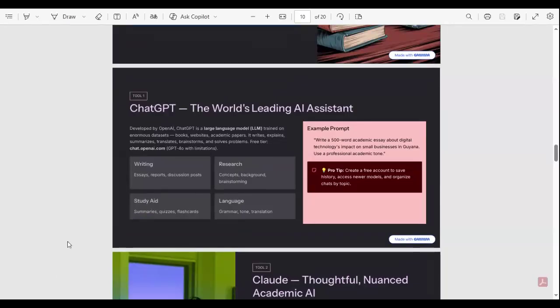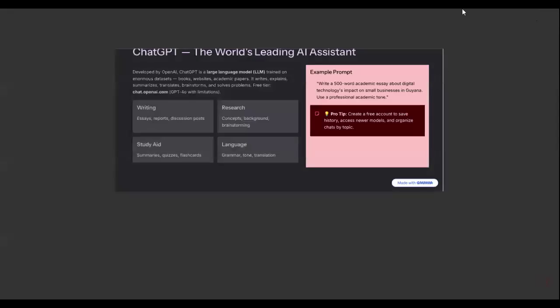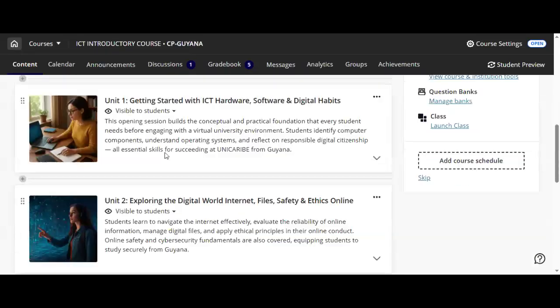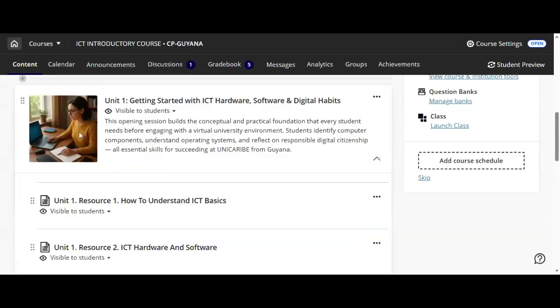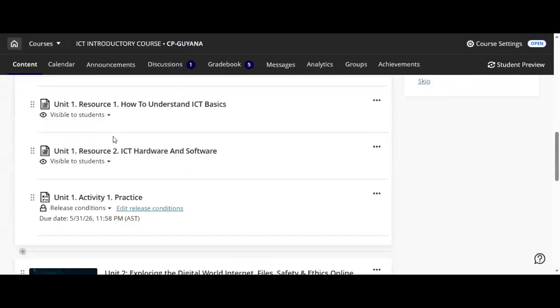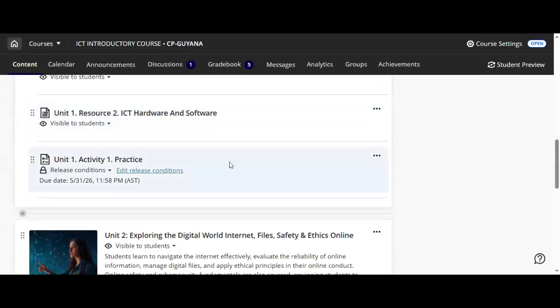Those are for practicing. Okay, so you go into the activity, let me show you. We're here. You go into the activity. Okay, you explore the respective units, you explore the respective resources. Okay, and go directly to the activity.